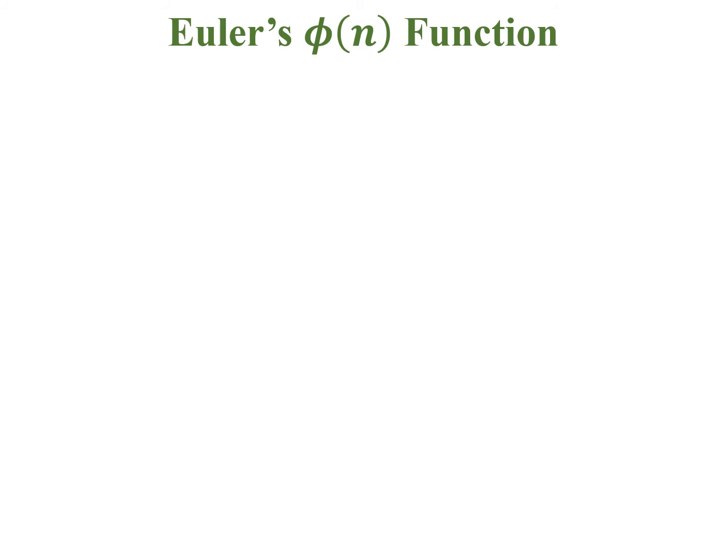Next is Euler's phi function. This Euler's phi function is defined on the set of positive integers. It means you can find the value of phi of n for every positive integer n. How is it defined here?